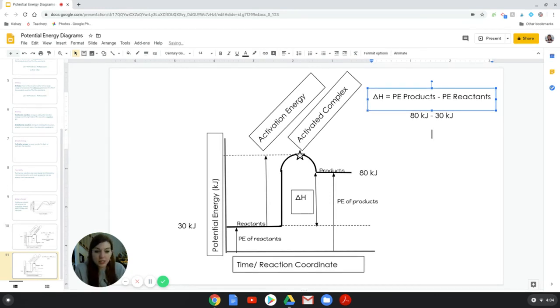And when I subtract these, 80 minus 30 is 50 kilojoules, and that is a positive 50. This means that overall, even though I had to gain and lose energy, I have overall gained, which would mean that this is an endothermic potential energy diagram.